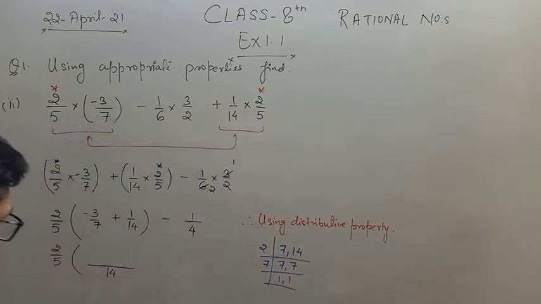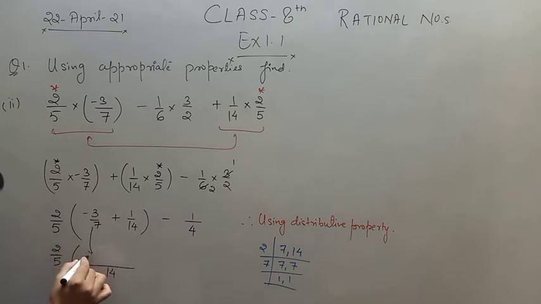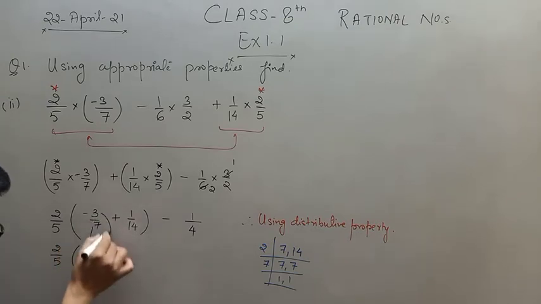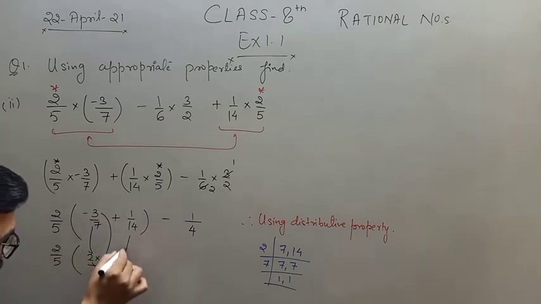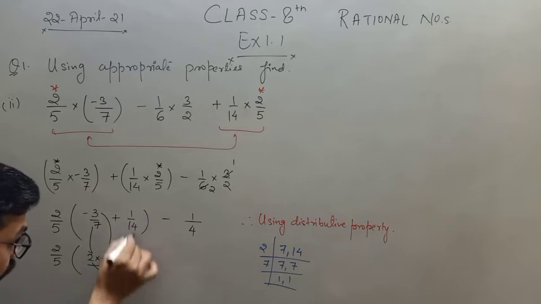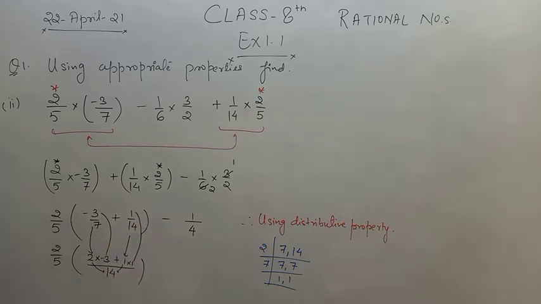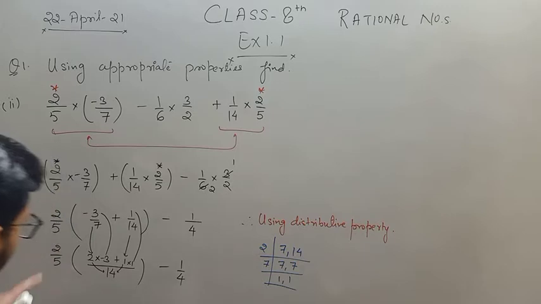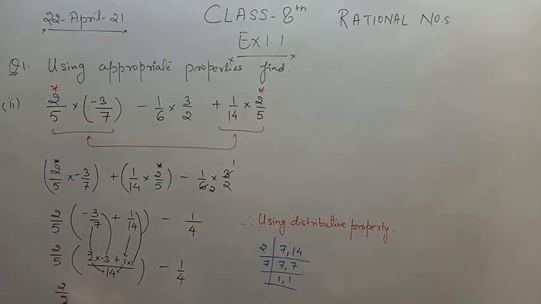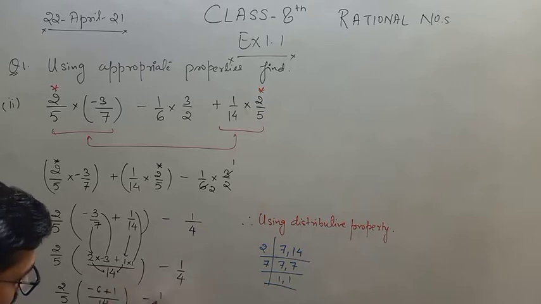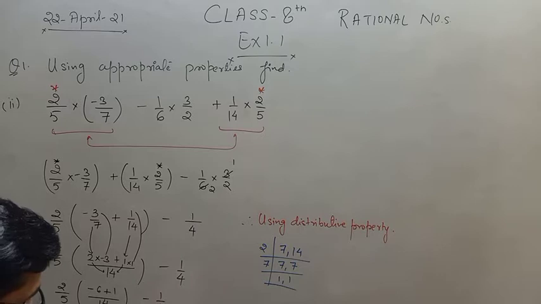Now 7 2s are 14 into numerator, that is minus 3, plus 14 1s are 14 into numerator 1, minus 1 upon 4. So 2 upon 5, 2 3s are 6, but minus 6 plus 1 upon 14 minus 1 upon 4. So 2 upon 5 into minus 5 upon 14 minus 1 upon 4.